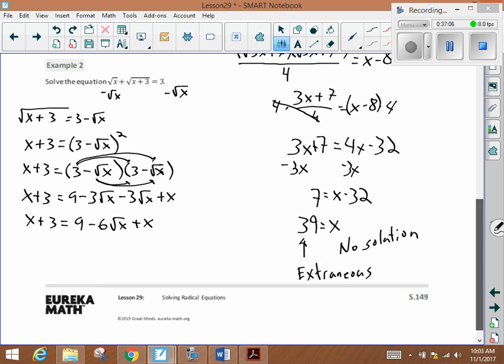And now we need to isolate the radical again. So in other words, we need to get this guy by itself. So let's go ahead and move everything over to the right-hand side.